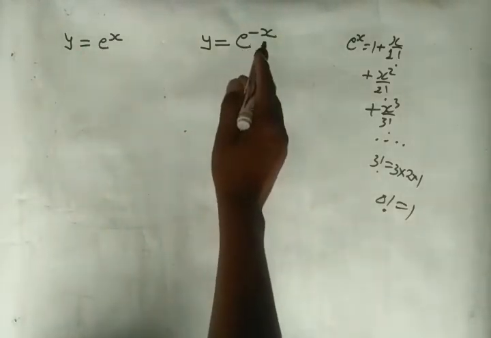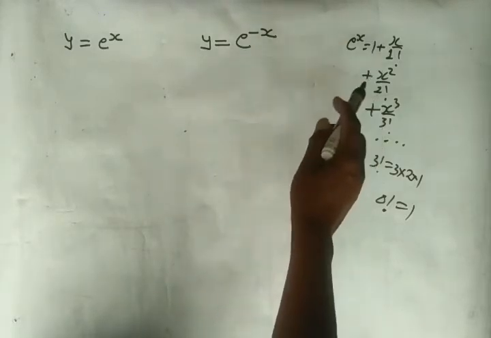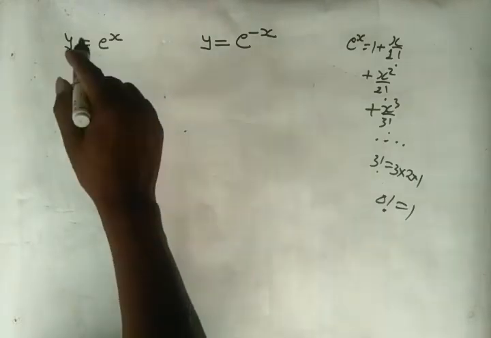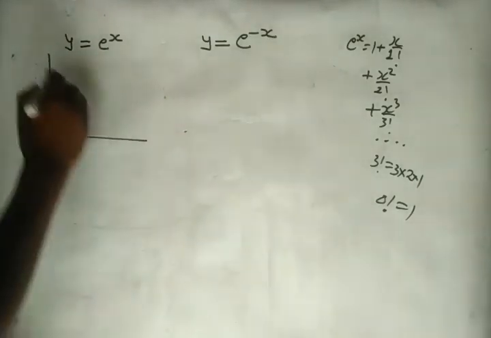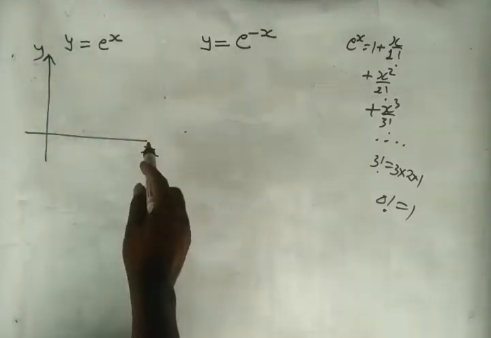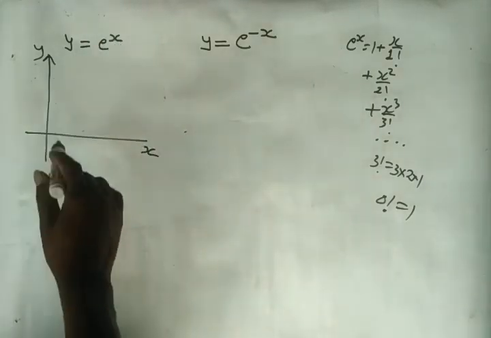So if minus x, replace all the x terms with a negative sign. So this will become negative, this will be positive, negative, and it will go in alternate order. So how will this graph behave? Here y, here x. If I place x equal to 0, e to the power 0 is 1.